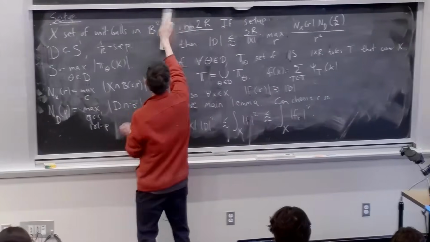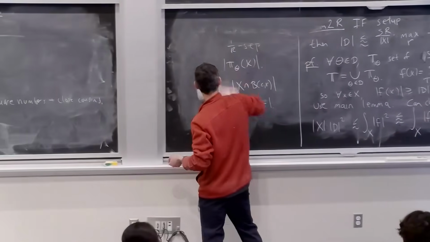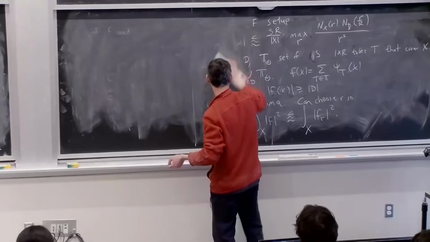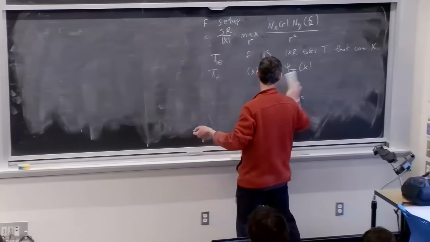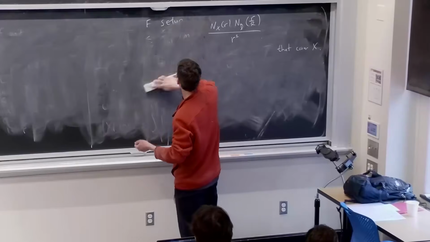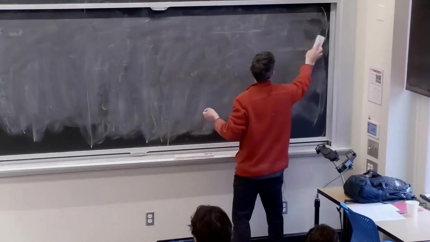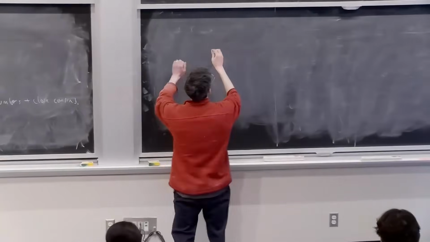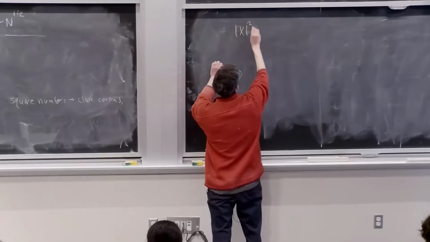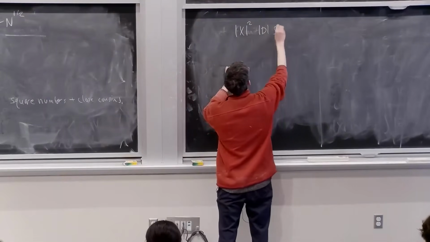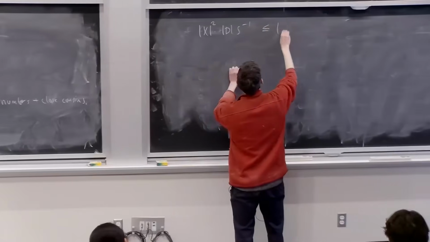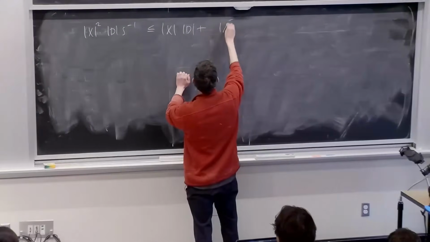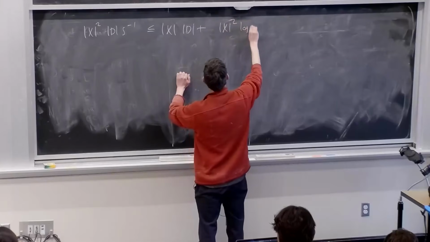OK, and now I'll compare these to each other. So I have |X| squared times |D| times s inverse is less than |X| times |D| plus |X| squared times log n.